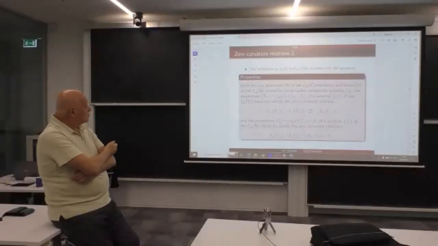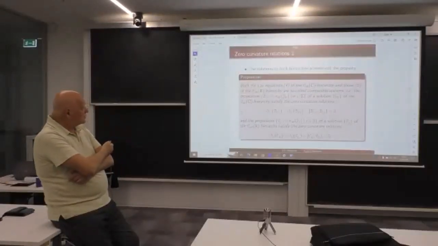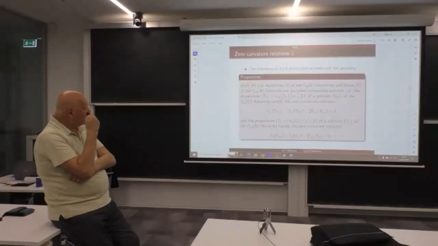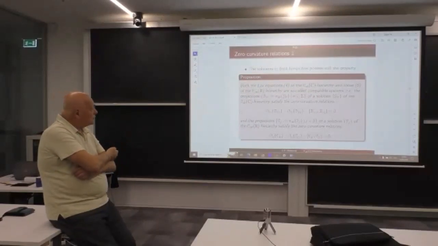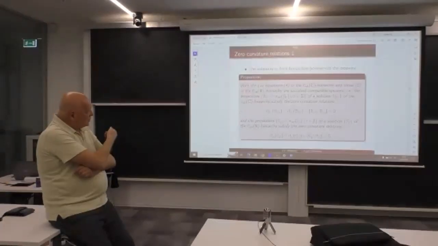Now, what can you show? These deformed generators not only satisfy the Lax equations, but if you look at the projections P sigma, so the projections on the skew hermitian matrices of the deformed G sigma, then they satisfy with respect to these projections the zero curvature equations.